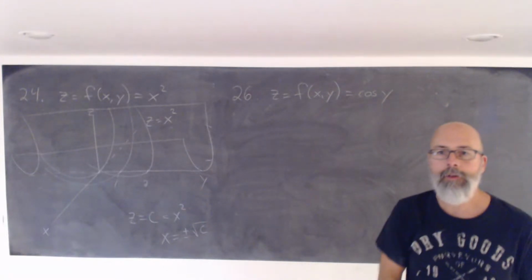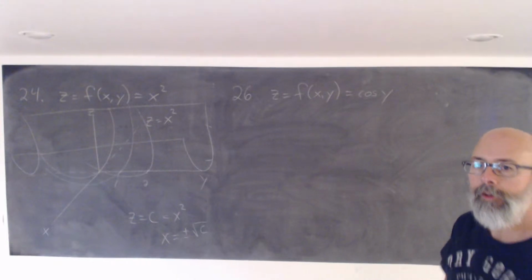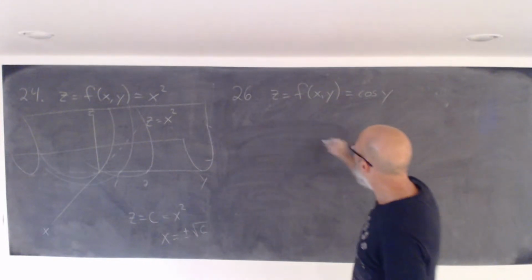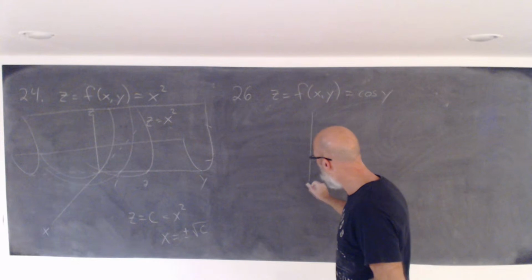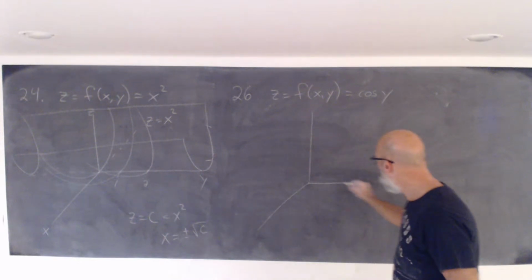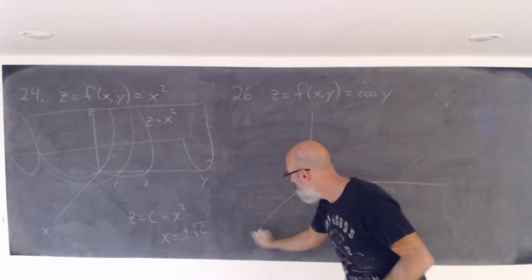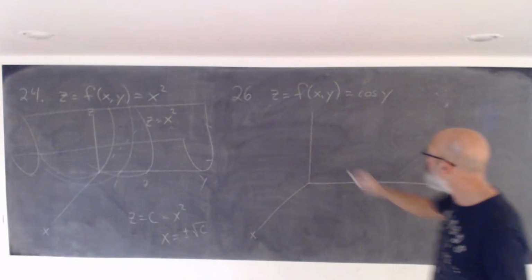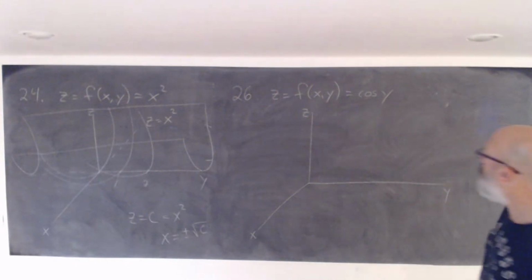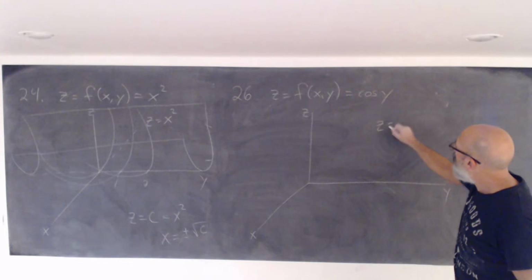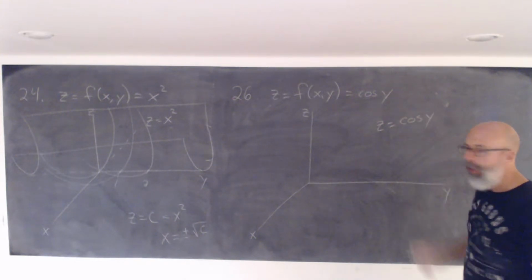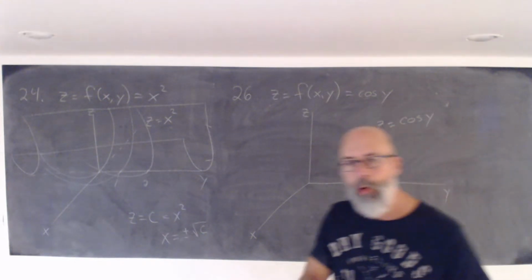Let's repeat. We're looking at z equals cos y. And you're thinking to yourself, there's no x here.